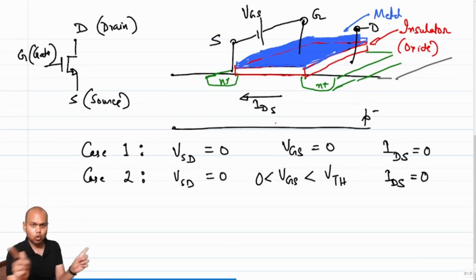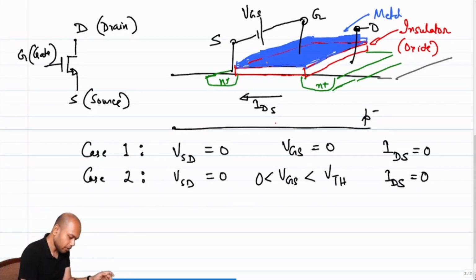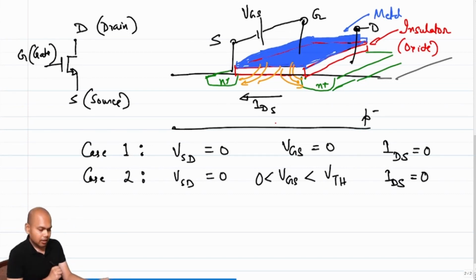Given that the source and the drain are at the same potential right now, there will be electric fields between the gate and the source and between the gate and the drain, correct?